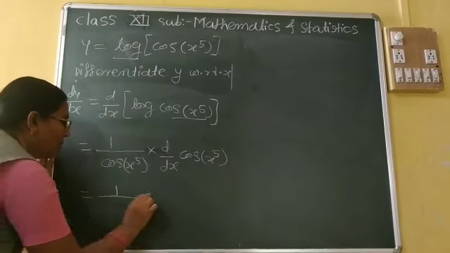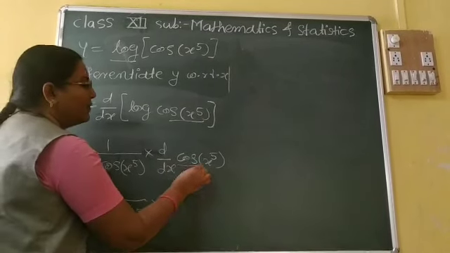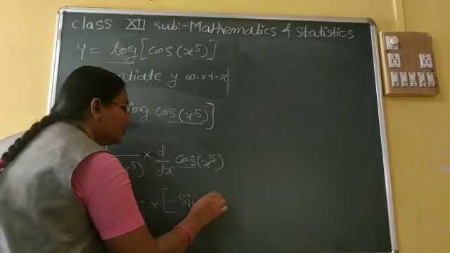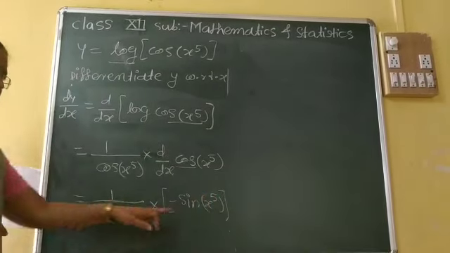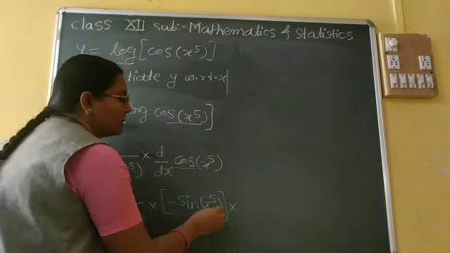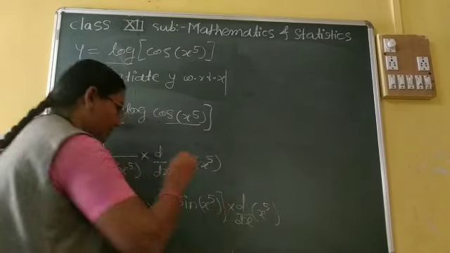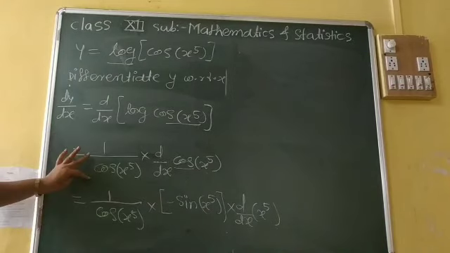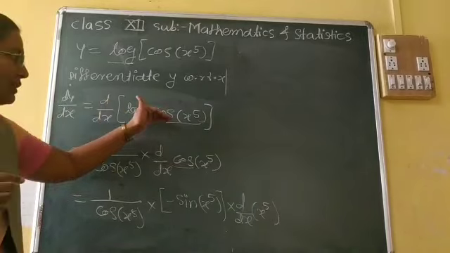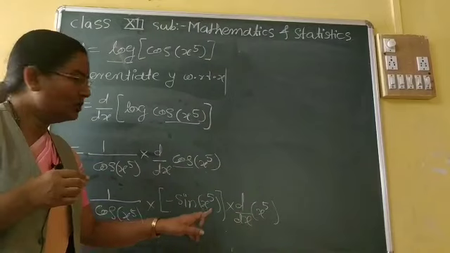We get 1 upon cos of x raised to 5 into derivative of cos, which is minus sine of x raised to 5, into function of another function, which becomes again the derivative of x raised to 5. Derivative of log is 1 upon function, and into derivative of cos is minus sine into the derivative of x raised to 5.